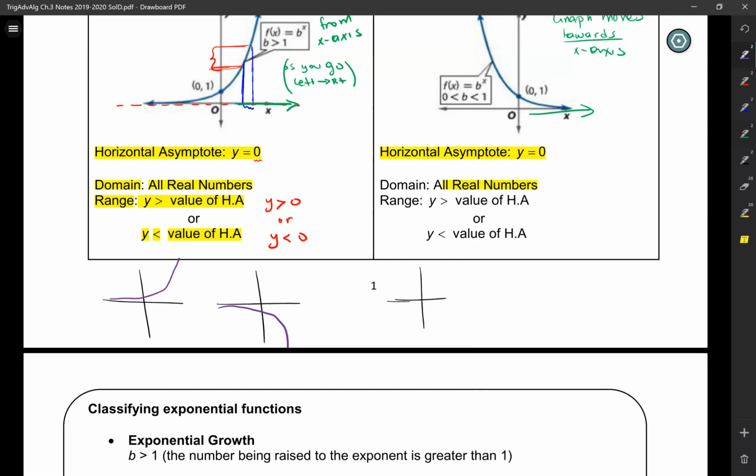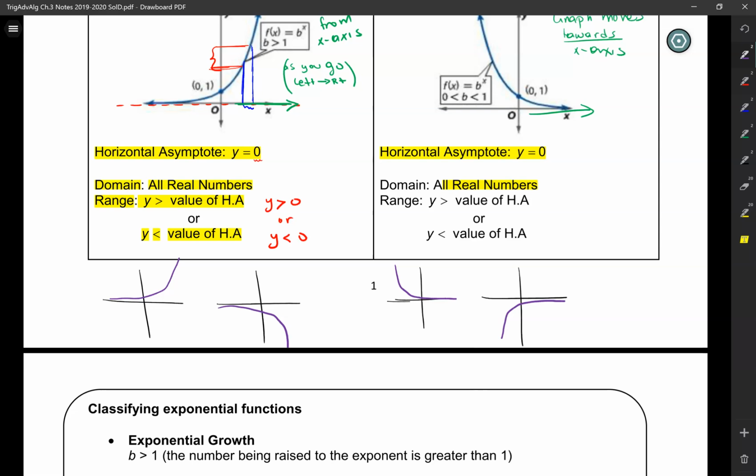How did we define it? Moving away from the x-axis, it's growth. All right? So look, this is decay. And then this is also decay. All right? So look at these two examples. Well, yeah, so look at this.